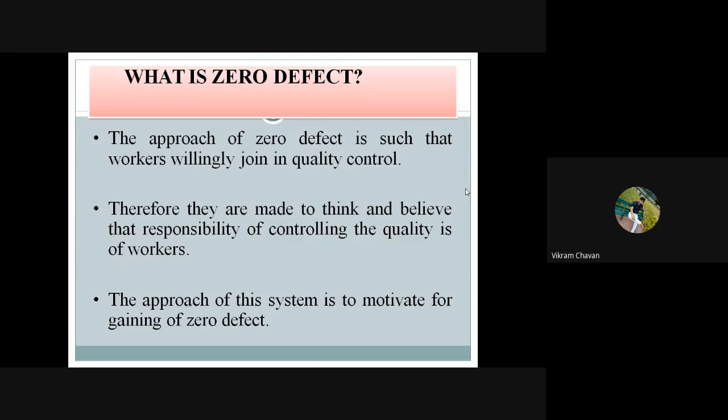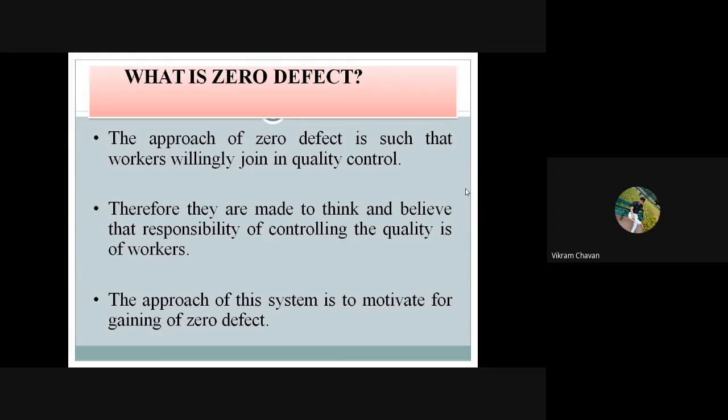So the simple approach is that the company should move towards a day when there will not be any defect, and all the products with high or desired quality will be produced. That is the achievement for the industry, and side by side it will provide good revenue for the industry.